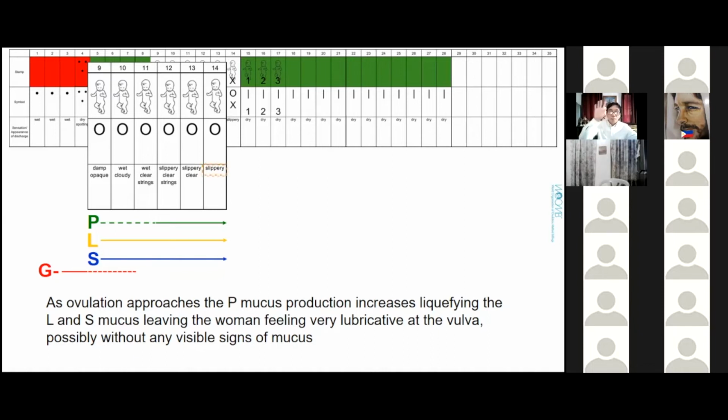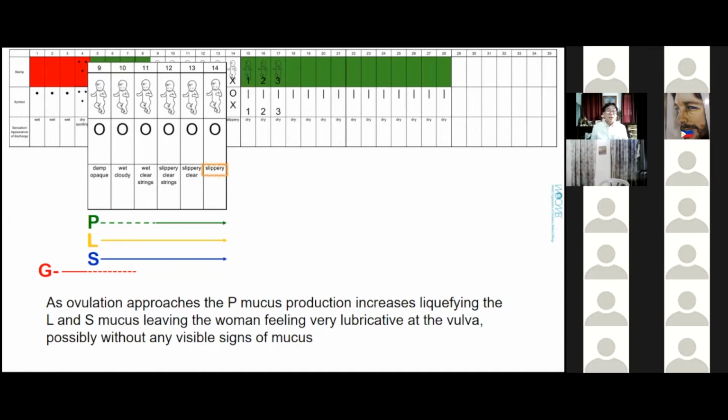As ovulation approaches, the P mucus production increases, liquefying the L and the S mucus, leaving the woman feeling very lubricative at the vulva. The reason behind there is what?